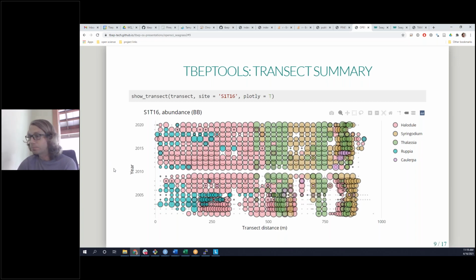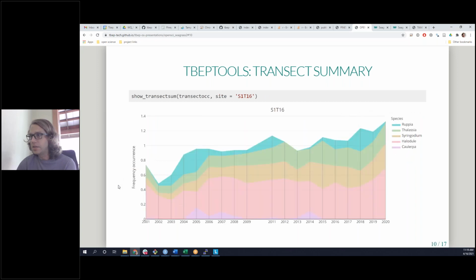This is another plotting function we have where we're still looking at changes over time, but we've actually summarized the species estimates into frequency values.